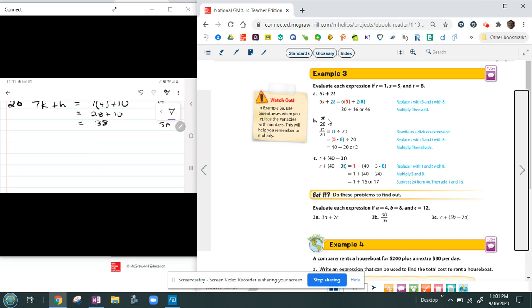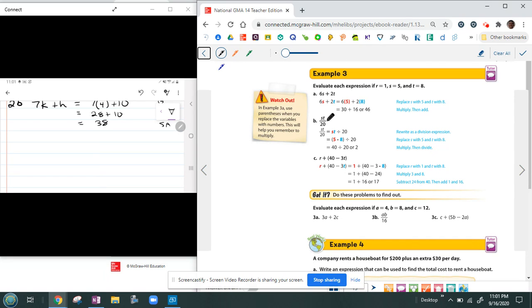Over here, remember that the division bar acts as a grouping symbol. So it makes two groups. It makes a group at the top, those are supposed to be parentheses, and a group at the bottom. Now, you don't have to do anything at the bottom, but just so you know. Okay, so they wrote it like this. So top goes first.